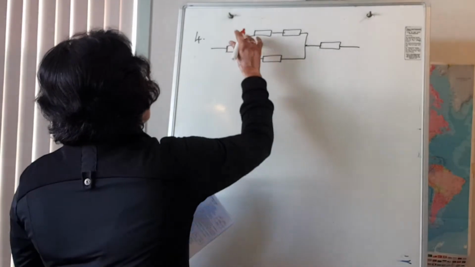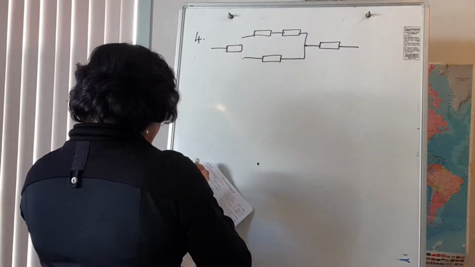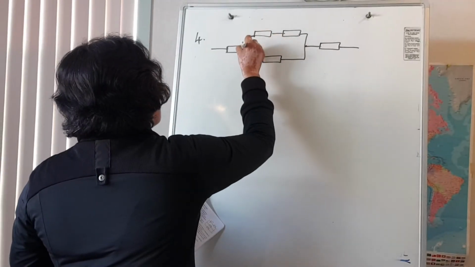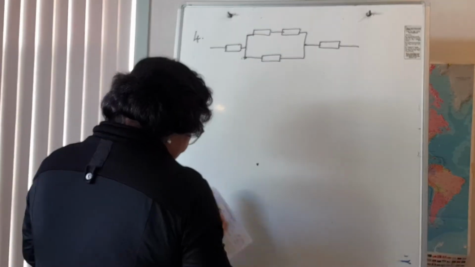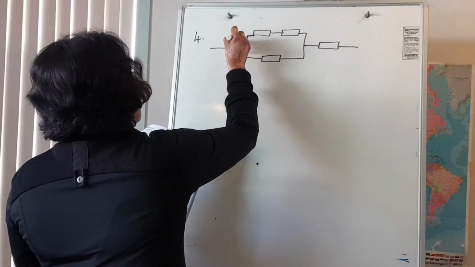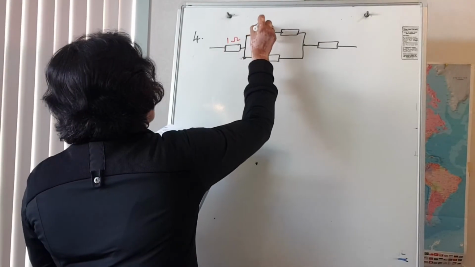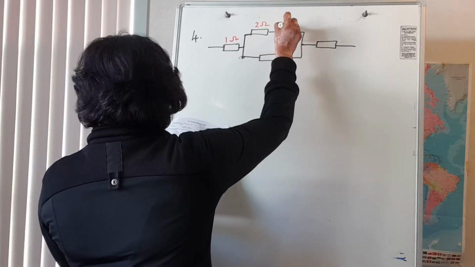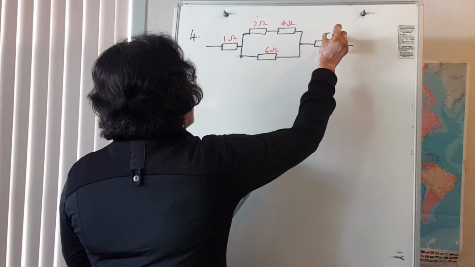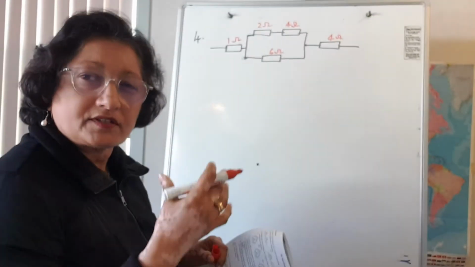Sorry, it's not very good. So this is 1 ohm, that's 2 ohms, this is 4 ohms, this is 6 ohms, and that is 4 ohms. Okay, so I'm just going to redraw this.